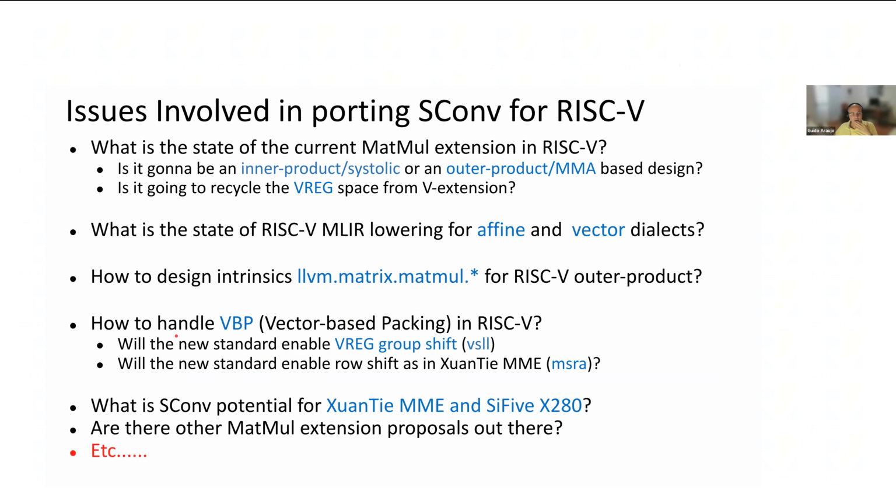Other questions are how to handle the vector-based packing in RISC-V. I have not looked in detail. I'm not an expert on the RISC-V extension, that's a disclaimer here. I read the SiFive preliminary spec, and I'm still reading the extension for RISC-V.